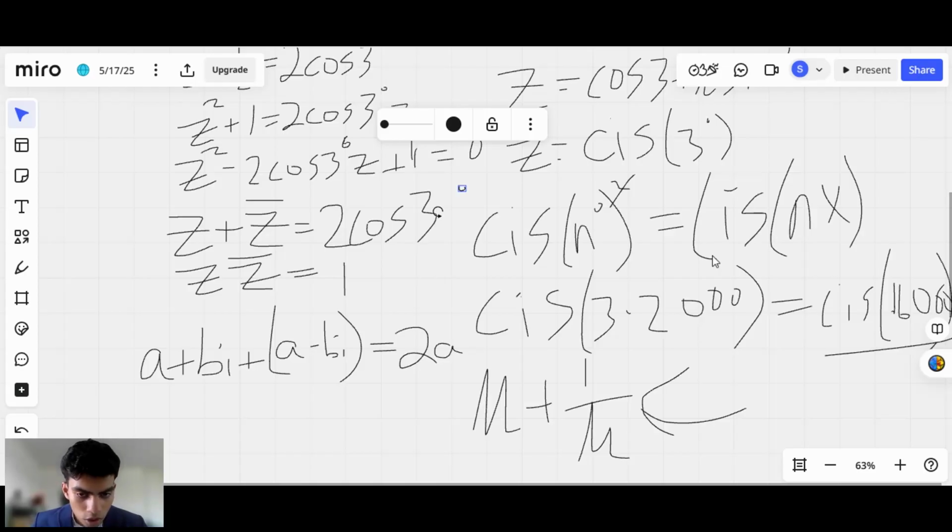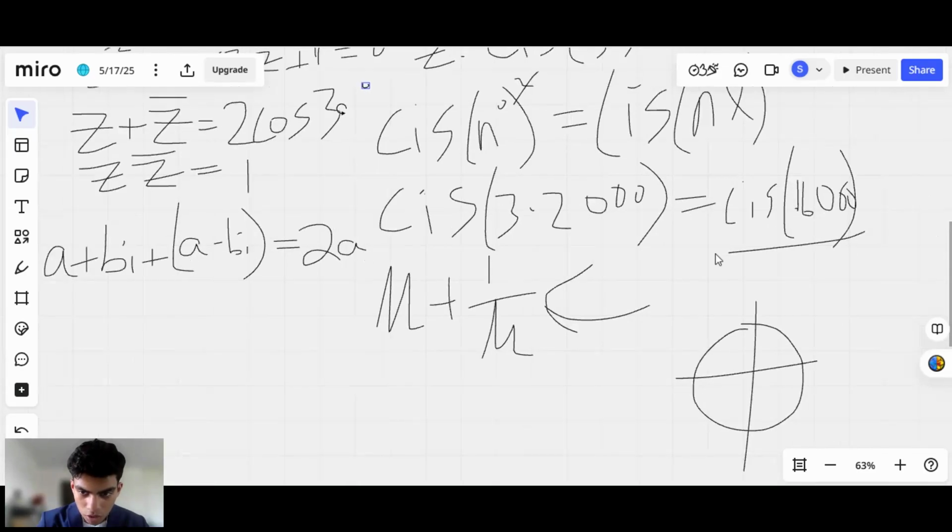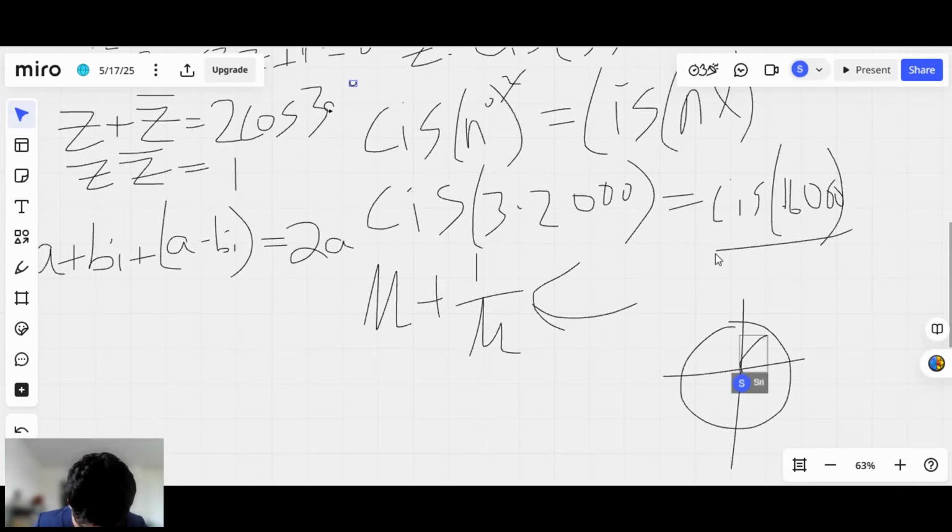And the reciprocal of any complex number, let's say that we have a complex number which is at an angle of theta, and we take that complex number and divide it over 1, this will be the resultant. It will be the same amount of degrees below the 0 degree mark. And this is, again, only for magnitudes of 1.